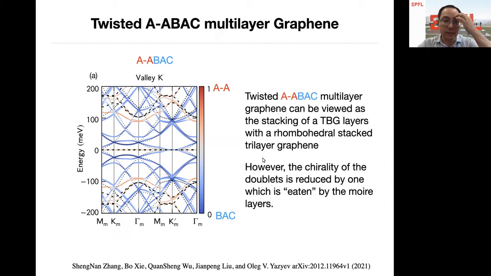A strange thing here is that we know the effective model for trilayer graphene is cubic. However, by superposition with a TBG, the chirality of the doublet is reduced by 1, so it's 2. This is very special for these twisted graphene layers.